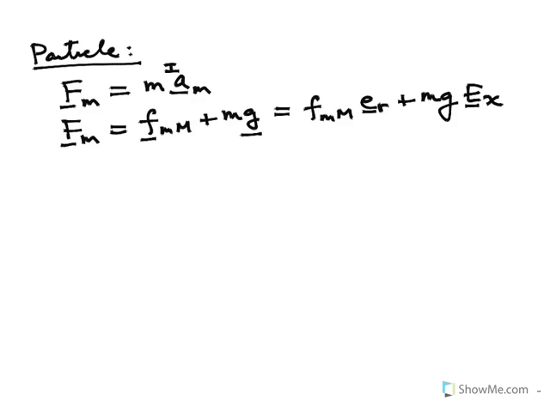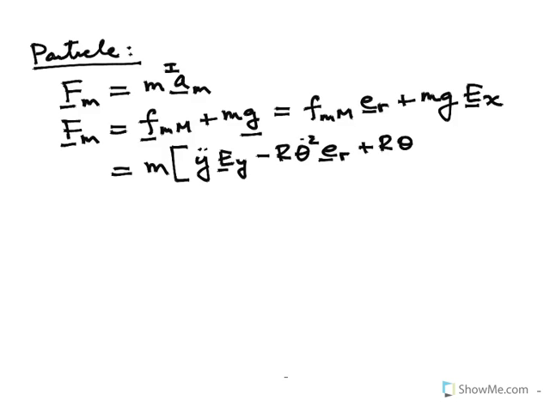So that's the force, and that has to equal the mass times the acceleration of the particle, which is equal to y double dot e_y minus r theta dot squared e_r plus r theta double dot e_theta.